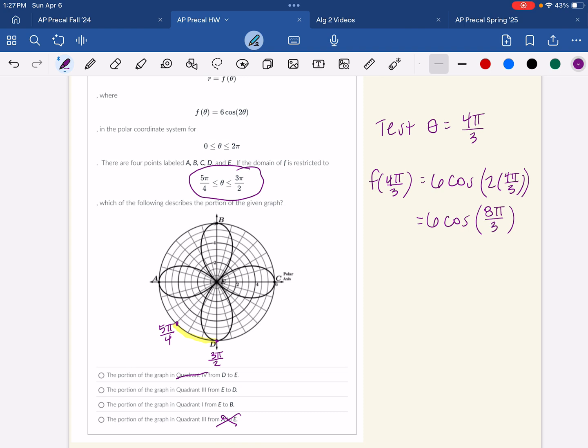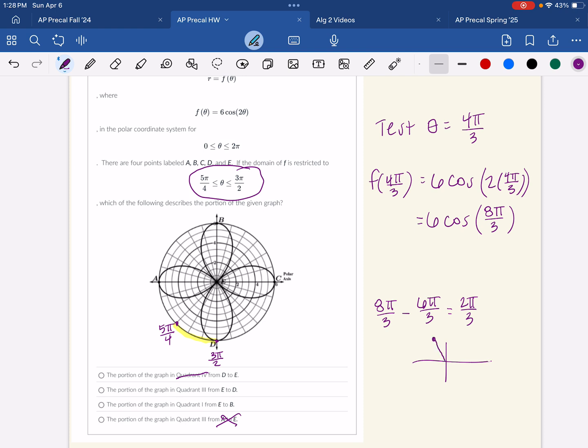That's bigger than 2 pi. So let's figure out what's coterminal from 8 pi over 3. So I'm just going to do a quick 8 pi over 3 and subtract 2 pi, which I'm going to write in terms of thirds. Okay, so 8 pi over 3 is the same place in the unit circle as 2 pi over 3, coterminal.